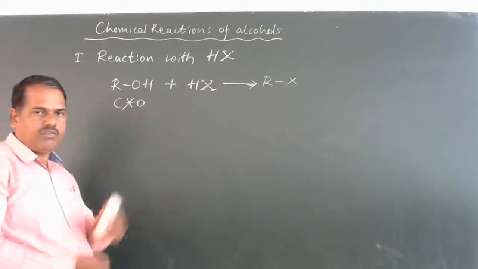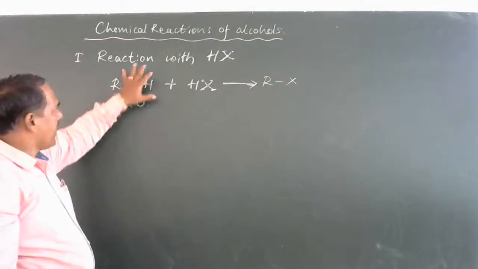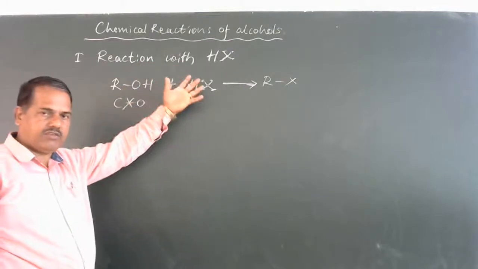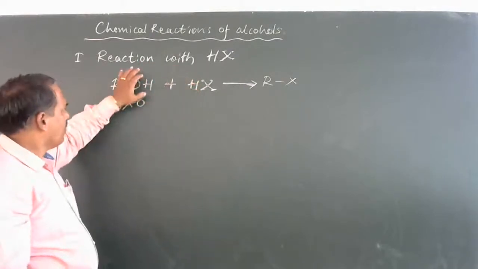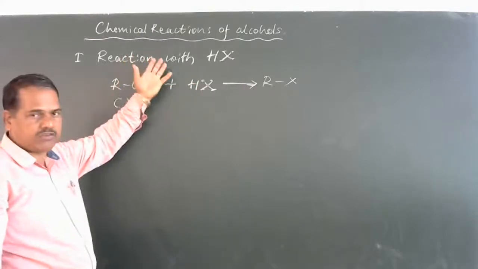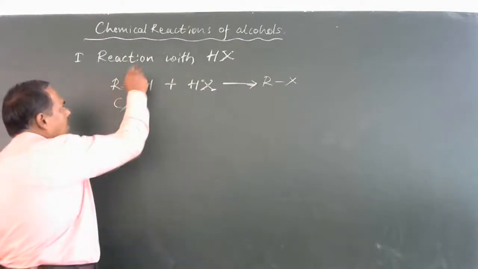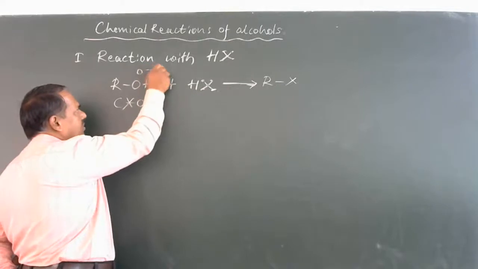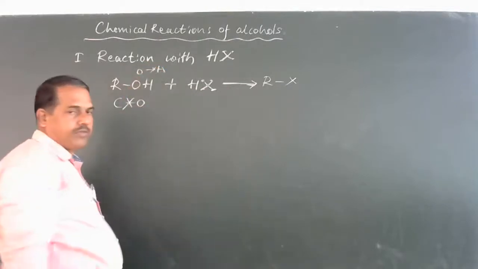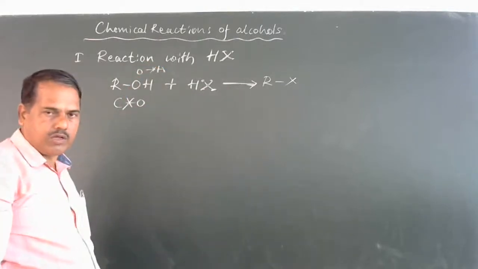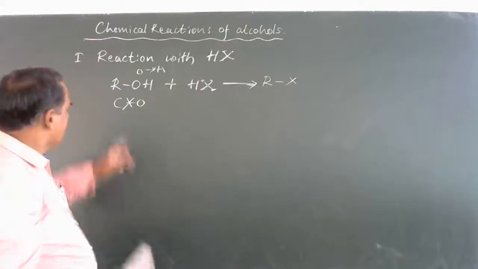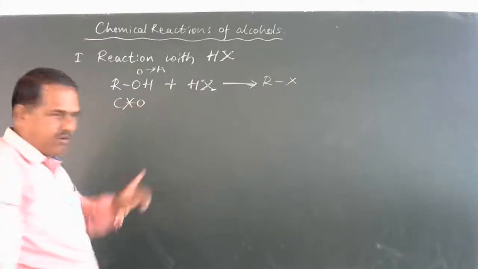See, alcohols act as an electrophile as well as a nucleophile. We studied previous reactions where the oxygen to hydrogen bond breaks. Are you clear? Today we shall discuss where the carbon to oxygen bond breaks.